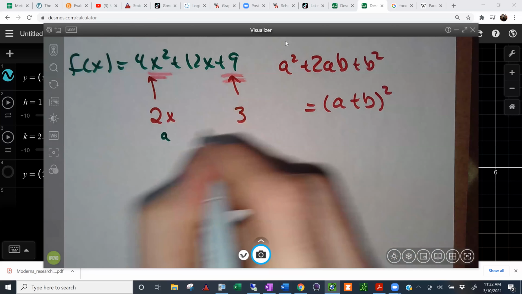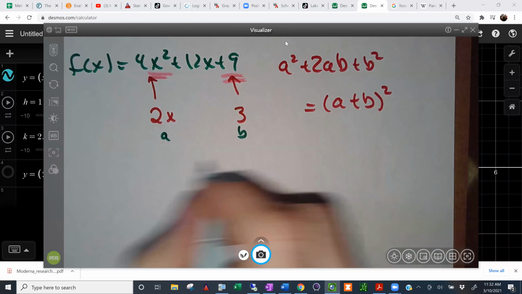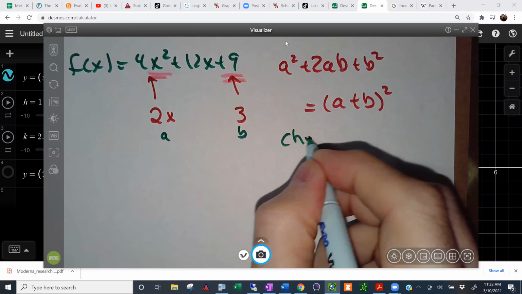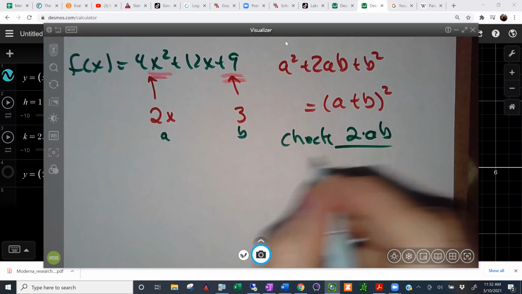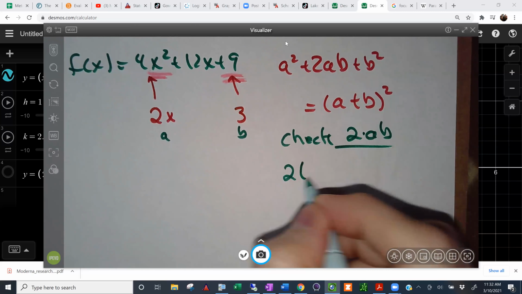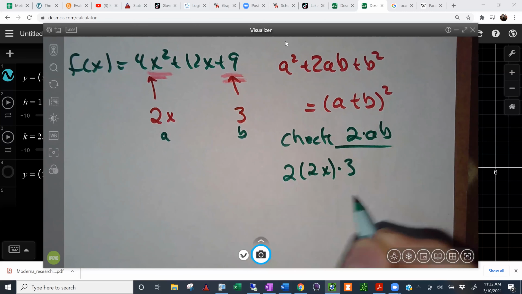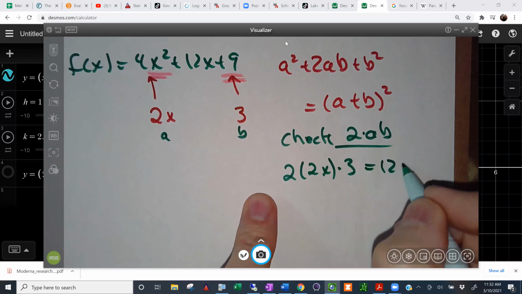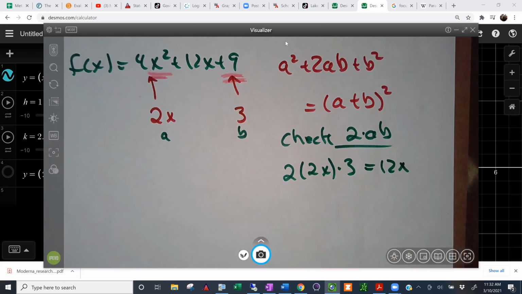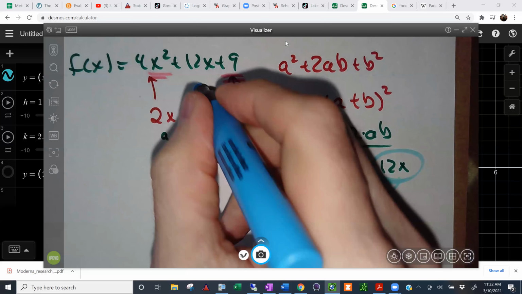Well, if this is my a and this is my b, and if I check 2 times a times b, that's going to be 2 times 2x times 3. 2 times 2 is 4 times 3 is 12x. And guess what? I've got a match.